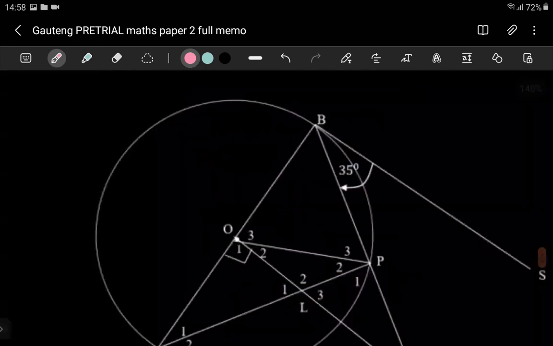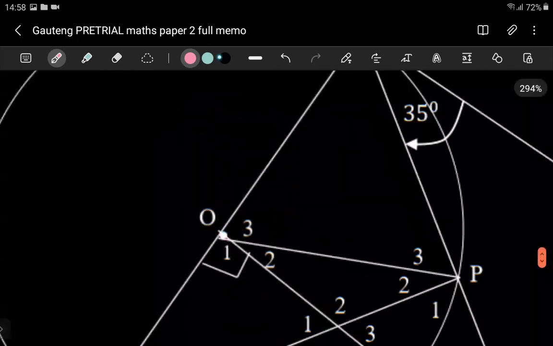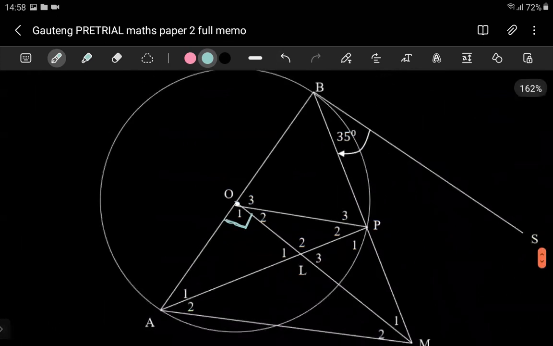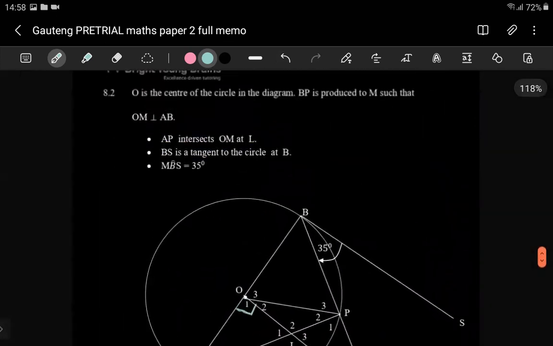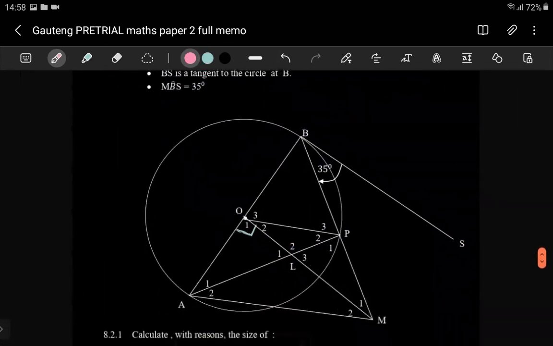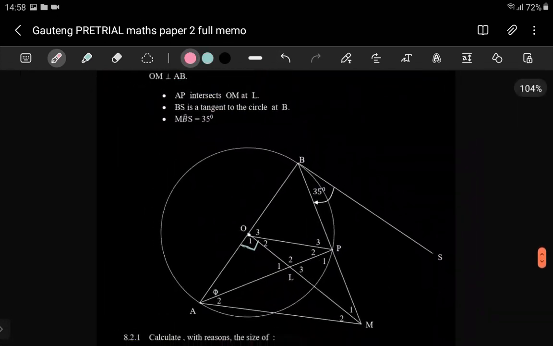We have a 90-degree angle there. Okay, perfect. So with this 90-degree angle, what do we now know? It says here, AP intersects OM at L. Where's AP? There is AP here, right? It intersects OM at L, yes.